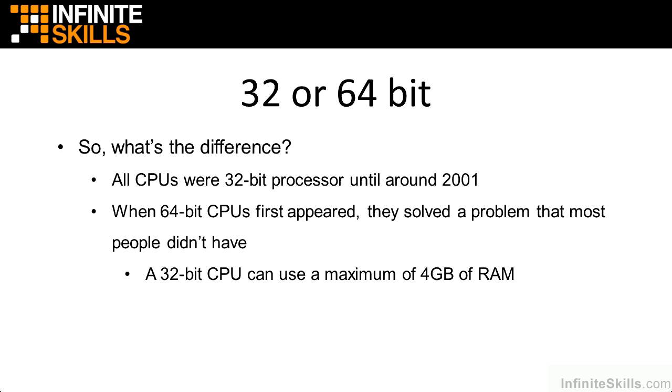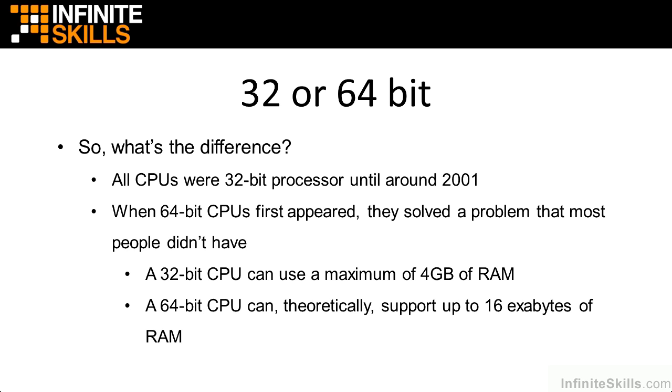A 32-bit architecture processor can address and utilize a maximum of 4 gigabytes of RAM. Now, up until around 2001, it was very rare to find a computer that had 4 gigabytes of RAM. That was a lot of RAM for that time.